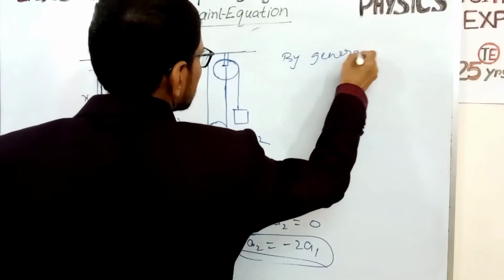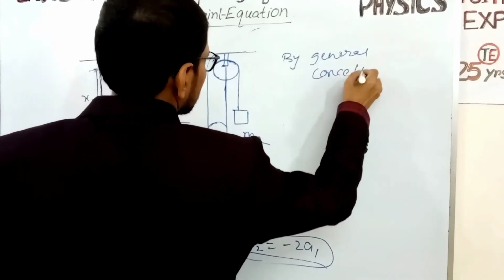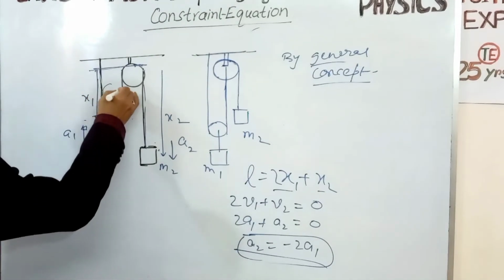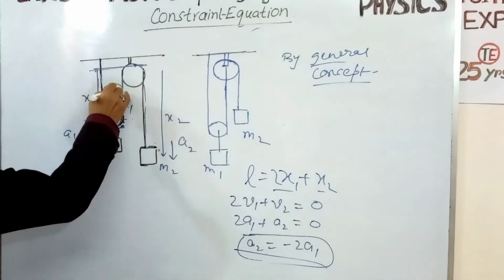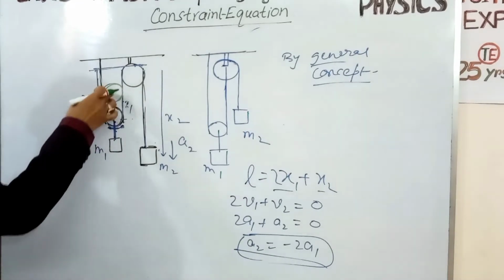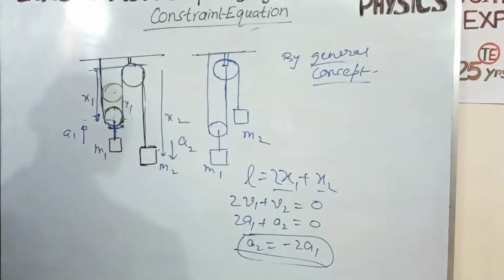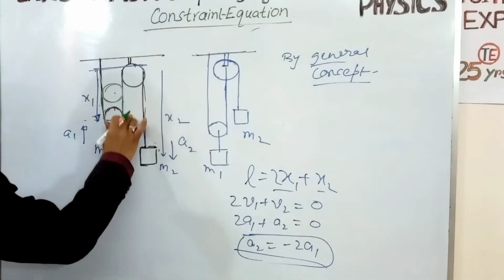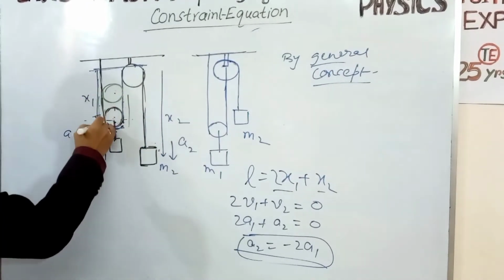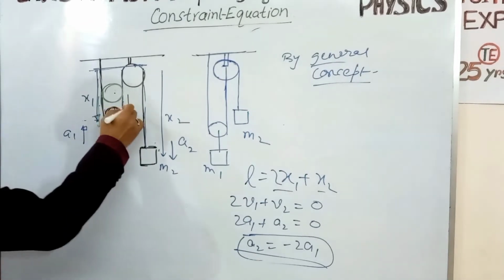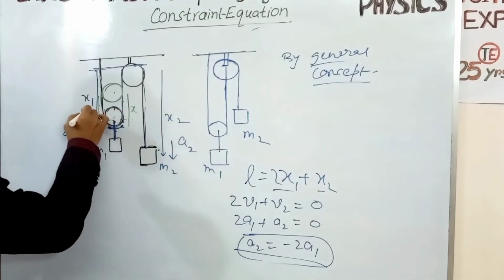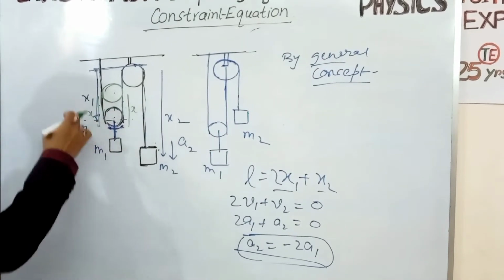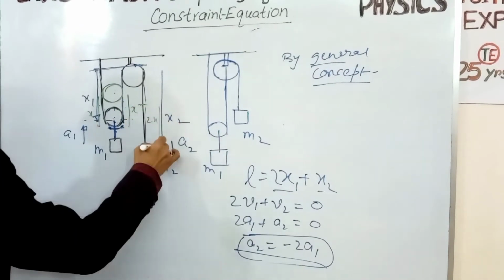Now there is a simple idea by the general concept. Suppose the pulley moves upward from this position to this position, then what length of the string opens? The length of the string that opens is this length and this length, so two lengths will be opened. Suppose their distance is x and x, then 2x length will be opened.